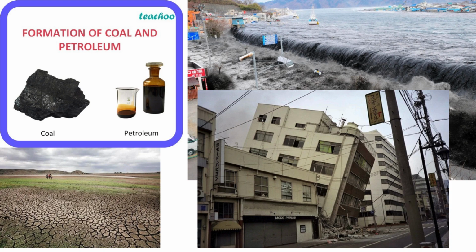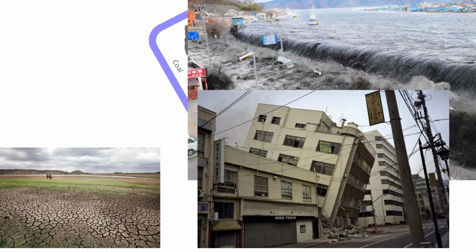And then climate variability. Fluctuations in temperature and precipitation patterns can lead to drought, floods, and other environmental damage and disrupt ecosystems.